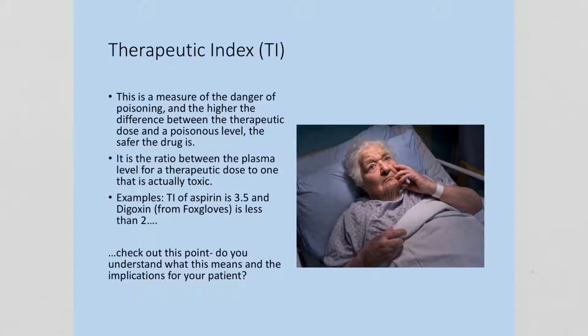Is the therapeutic index of digoxin more or less likely to cause concerns about the difference between the therapeutic dose and the toxic or poisonous level? Again, stop the screencast and have a think and read in your clinical pharmacology book and any other resources that might be useful. If you have patients regularly taking any of these medicines, you may wish to go back through the loop to find out more about how they're absorbed, how they're metabolized, and so on.